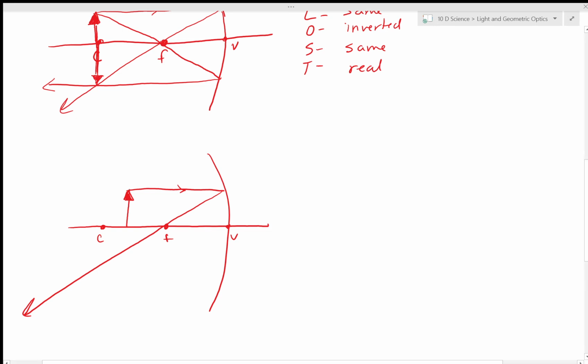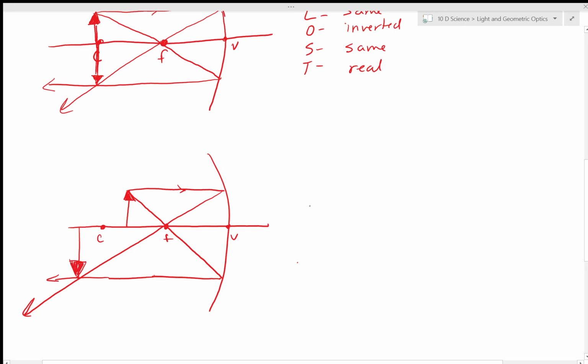The second one will leave the tip of the arrow, it'll go through the focal point, strike the reflective surface, and when it strikes the reflective surface, it will travel parallel to the principal axis, and it will continue on into infinity in that direction. And so my arrow is now drawn over here.